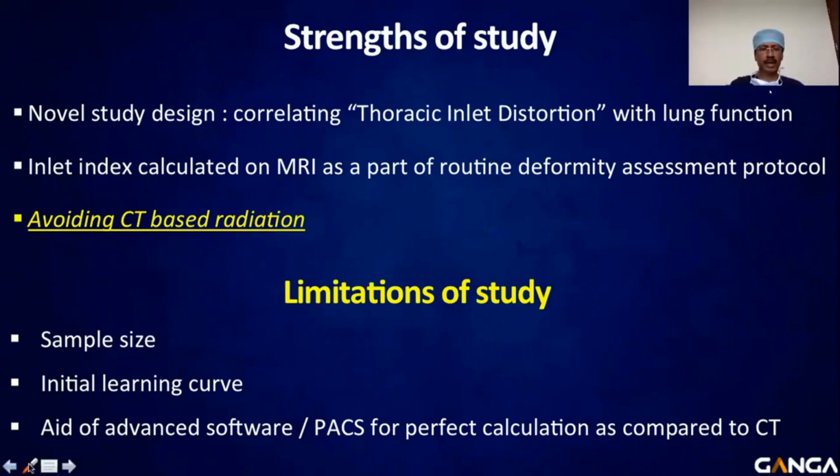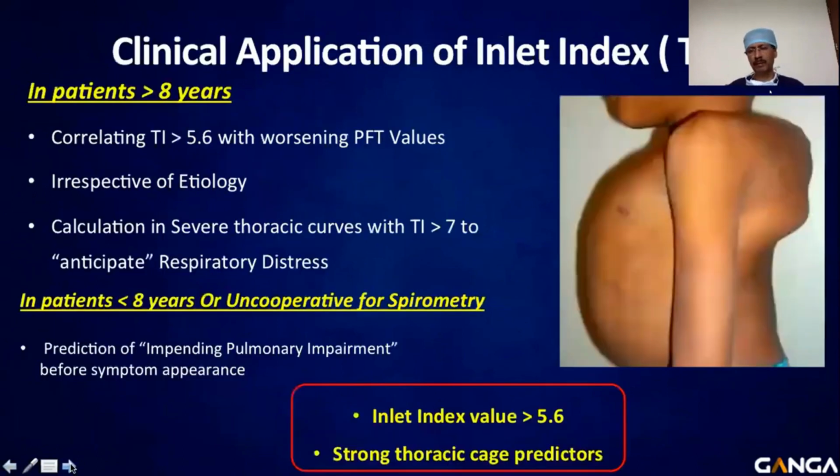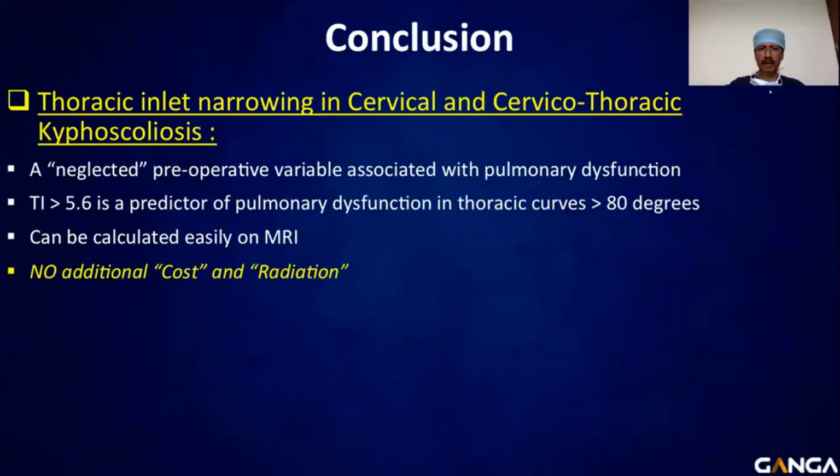But I think that this is an important tool to bring our focus to the use of this in patients who are greater than 8 years, and it predicts the impending pulmonary impairment. So when you find that the index value is greater than 5.6, then we need to be very clear about the pulmonary function problems that can happen. So this is one index which will help you to get a good idea of pulmonary function at no additional cost and no radiation.